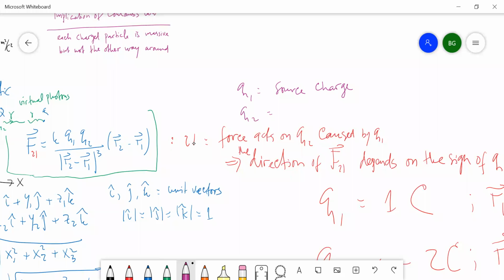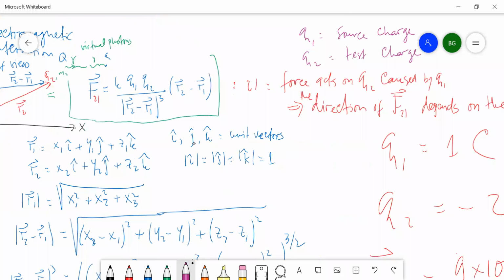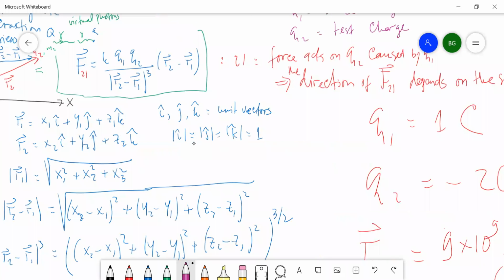Jadi Q1 itu adalah muatan sumber, sedangkan Q2 itu muatan uji. A test charge, sorry. We call it the test charge. Okay, this is for example.